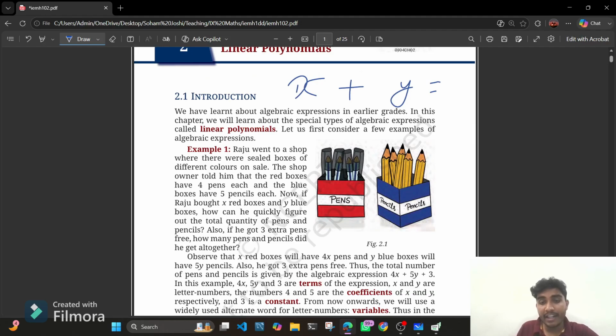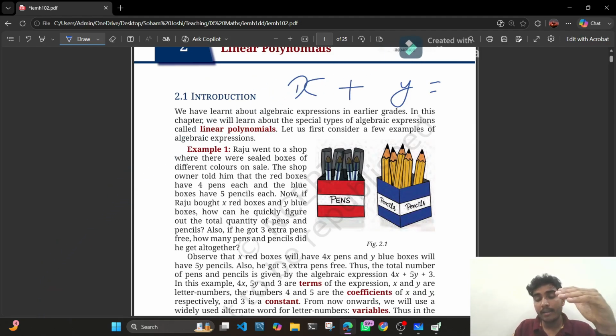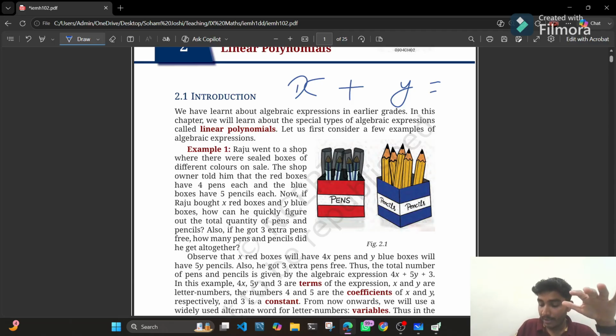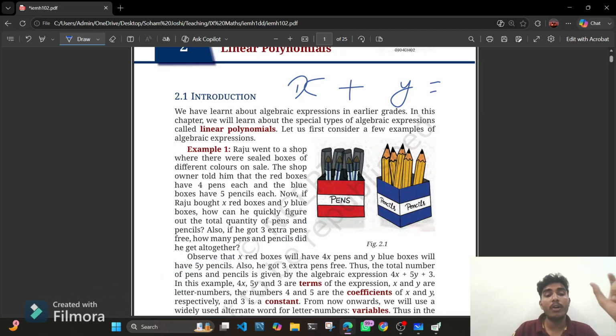So we can write that if Raju buys X number of red boxes, then he will get 4x amount of pens, right? Because each box contains 4 pens. So we can write it as 4x, right?